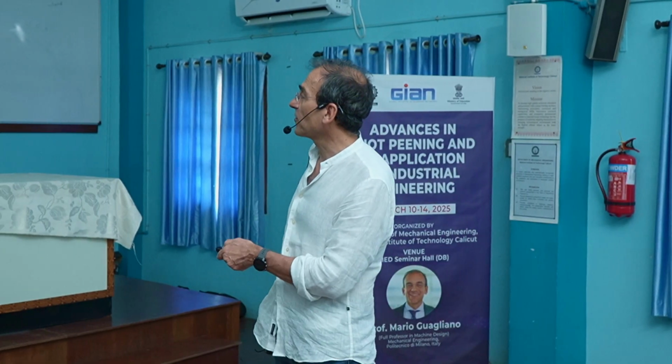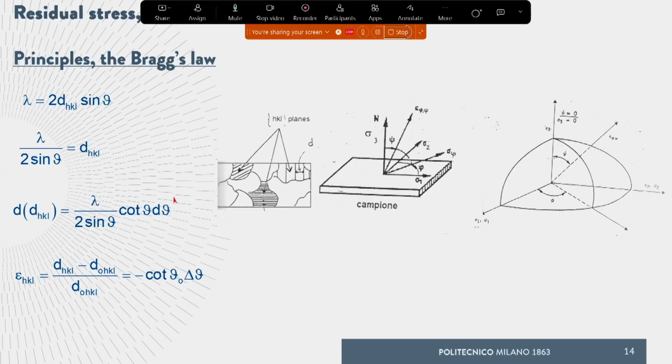Okay? So we start from the Bragg law. We write the Bragg law in terms of lattice spacing. We derive the lattice spacing, and we find this formula. And we remember that the strain can be defined as the difference between the lattice spacing in the condition we are measuring and the original one, not deformed, over the original one.